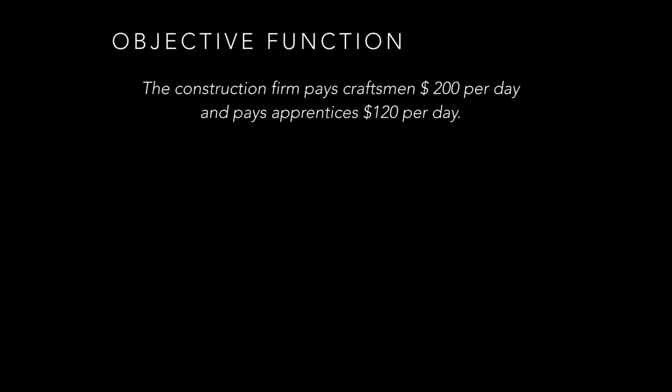Let's construct our objective function with the information given. The construction firm pays craftsmen $200 per day and pays apprentices $120 per day. Here are the values that we're going to need to construct our objective function.